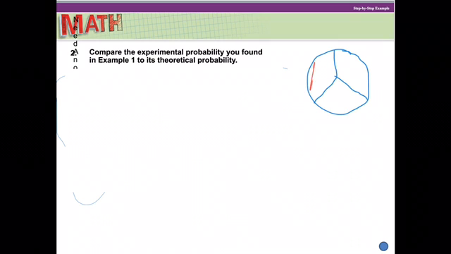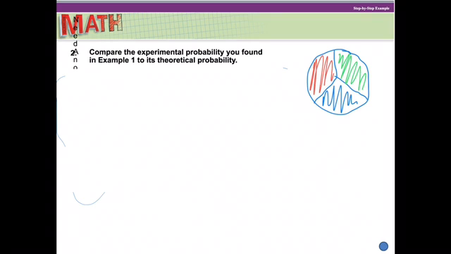So we know that one of them is red, one of them is blue, and one of them is green. Now, they said that they are equal sections, so we know that there is an equal probability of all three happening, meaning that is a uniform probability model.